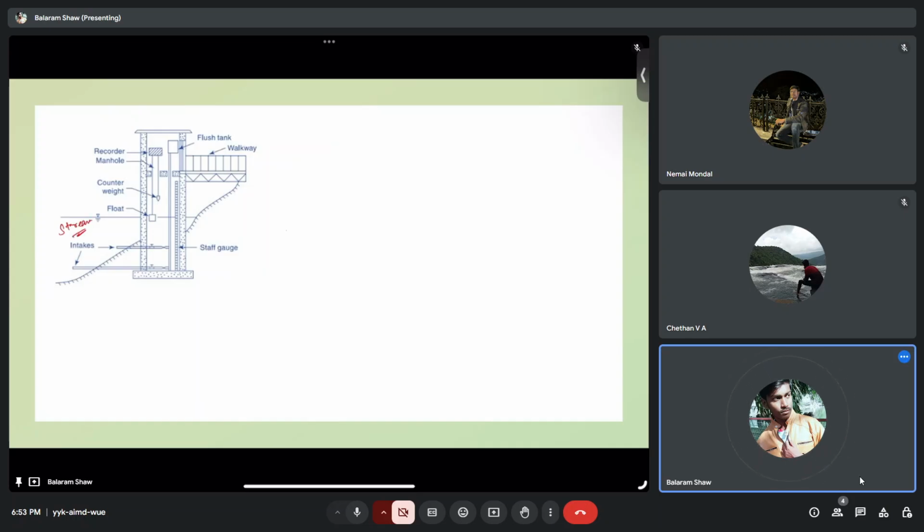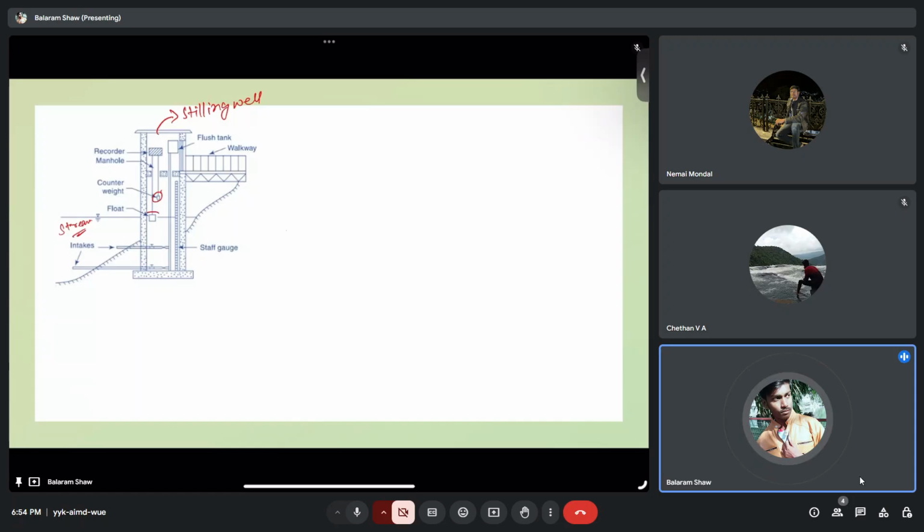This is kind of like an automatic rain gauge, where one monitoring station will be there. Like that, here also you have to put one stilling well. Okay, so this is the stilling well, right?